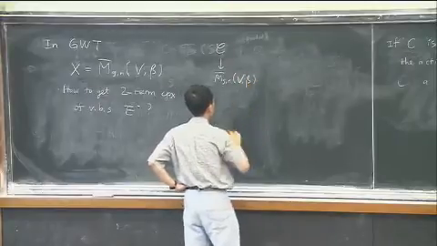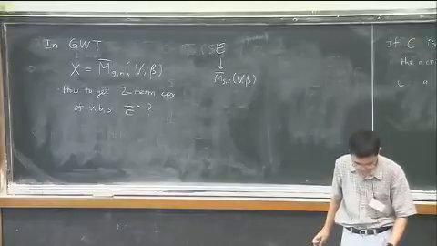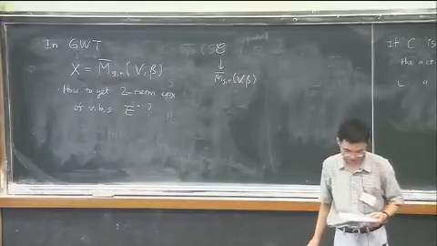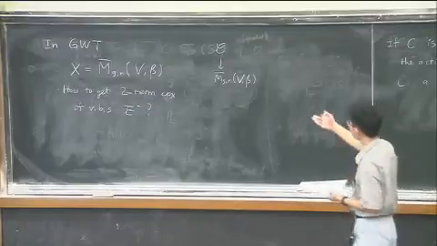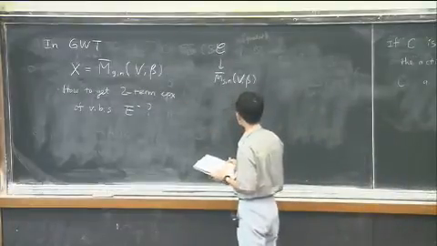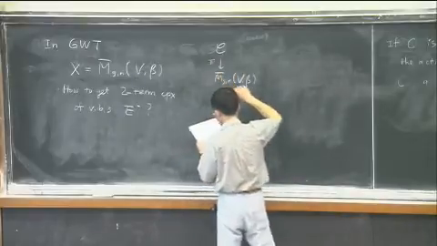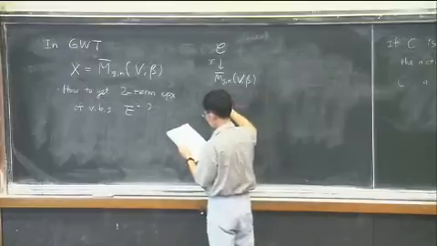My board writing might be a little bit schizophrenic because I tend to like to write x, but I already used x for something else. So let me call this pi.